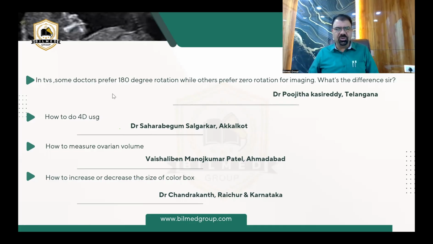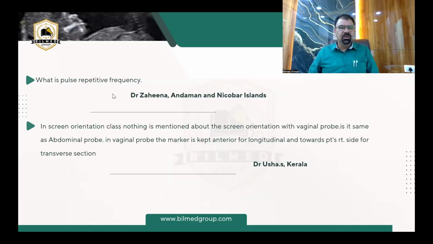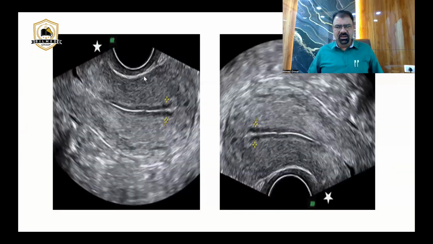Let's take the first question now. See, the footprint is over here. You are used to seeing the footprint on the top of the machine. Here you have a zero rotation.